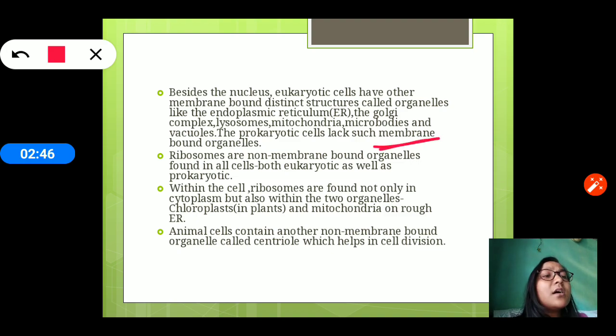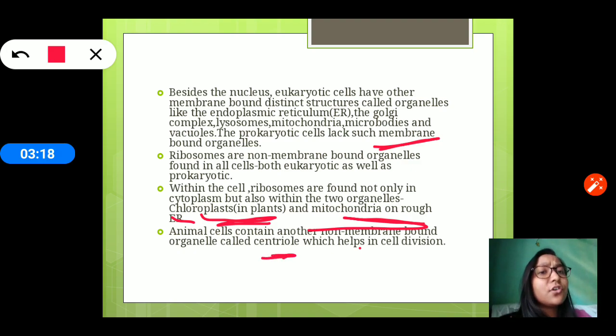Ribosomes are non-membrane-bound organelles which are present in both eukaryotic and prokaryotic cells, but these ribosomes are not only present in the cytoplasm, they are also present in chloroplasts in case of plants, in mitochondria, and on rough endoplasmic reticulum. In case of animal cells, there is another non-membrane-bound organelle known as the centriole, which helps in cell division, but in plant cells, the centriole is absent.